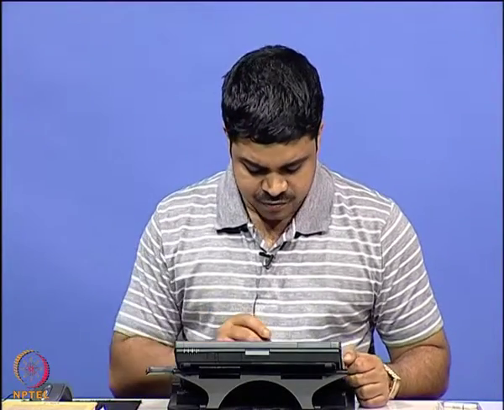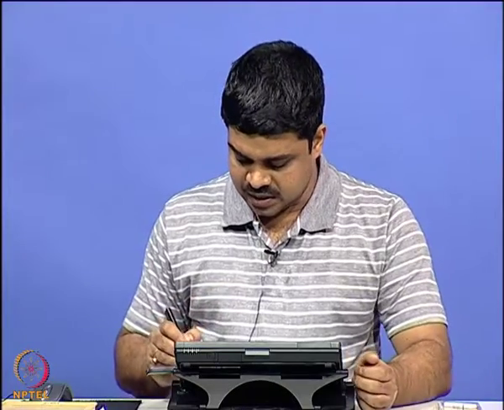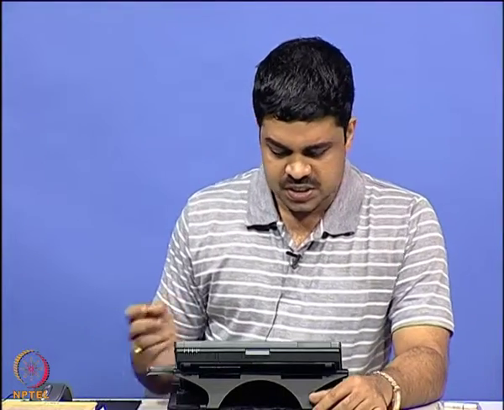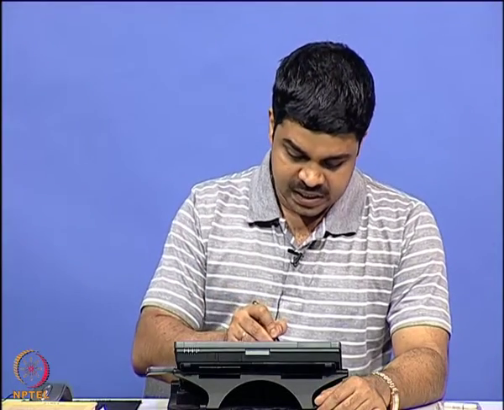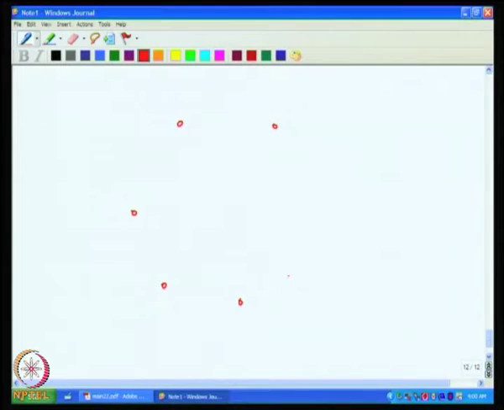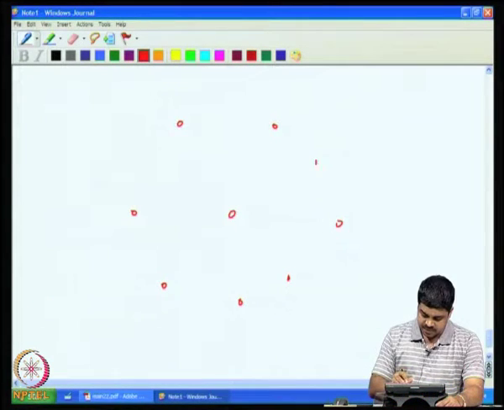We can verify it for small cases, like for instance, a 1 chromatic graph. There is nothing to prove there. A 1 chromatic graph means we have just the independent set.